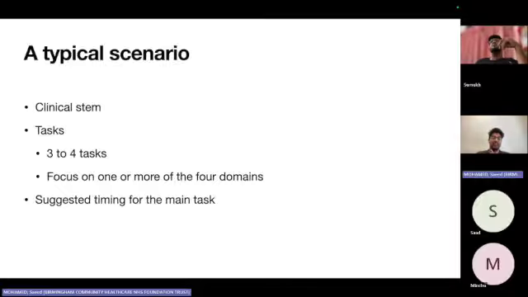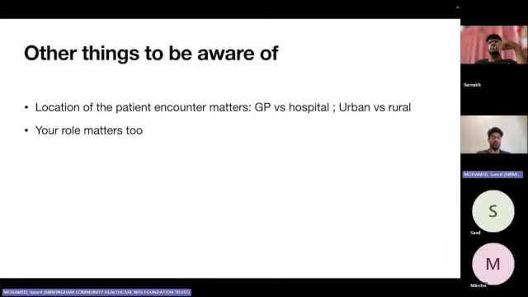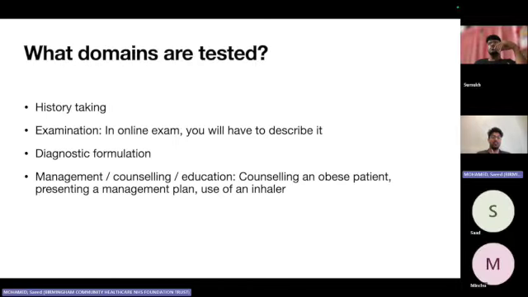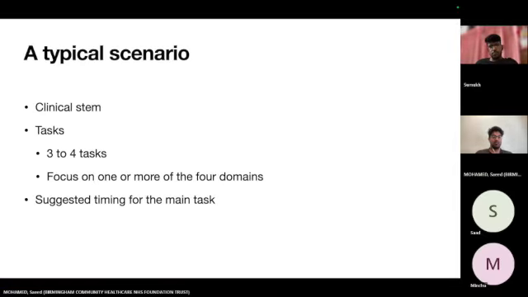And during those tasks you will be judged based on one of the four domains that we mentioned earlier. So these are the four domains. A task is something that will be testing you on one of these four domains. Okay, and then usually they will also give a suggested timing for the main task. So out of those three or four tasks that you have been given in the stem, you will have one main task that you'll have to achieve in a certain time limit.